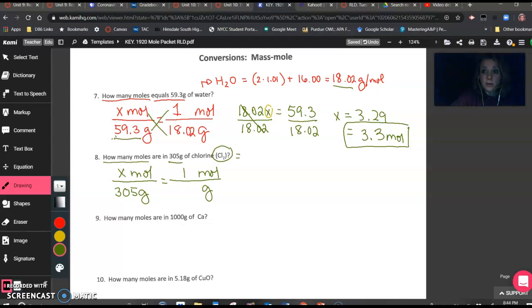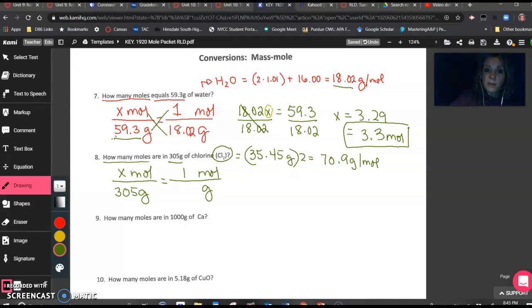Well, if you look on your periodic table, chlorine has a molar mass of 35.45 grams, but you can see I've got a little subscript of 2 here, so that means I have to multiply this by 2, and that is going to give me 70.9 grams per mole.